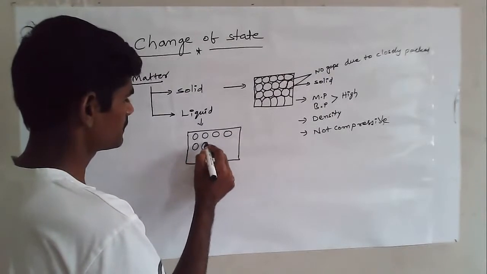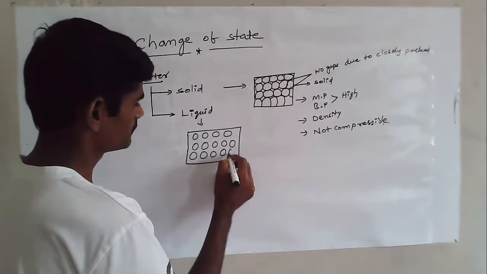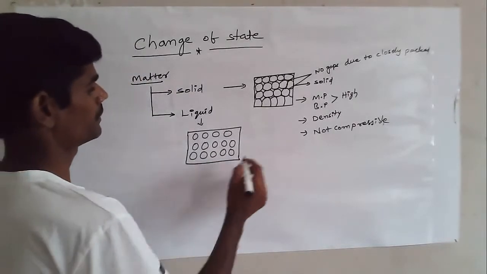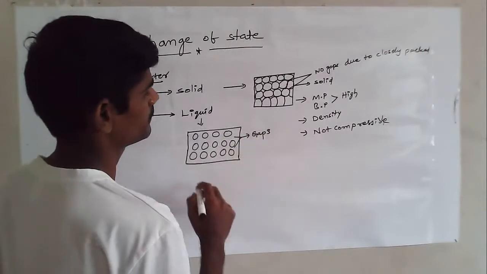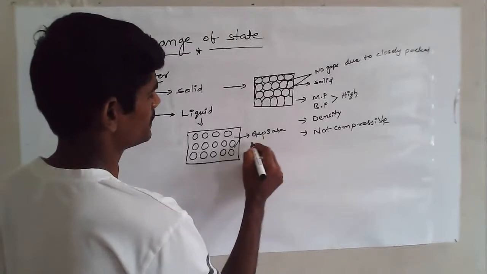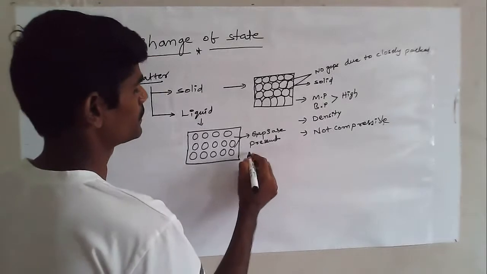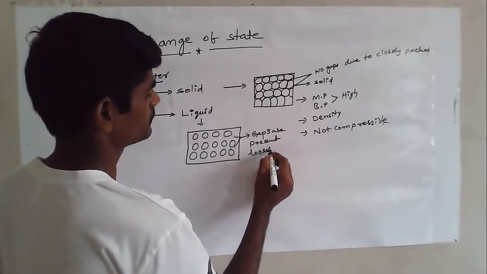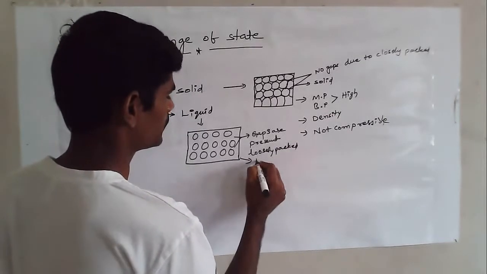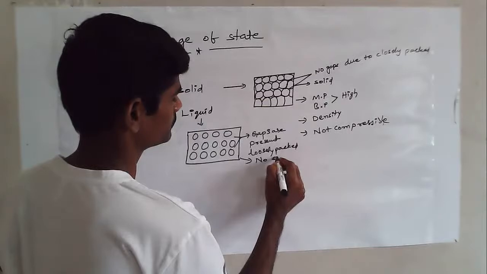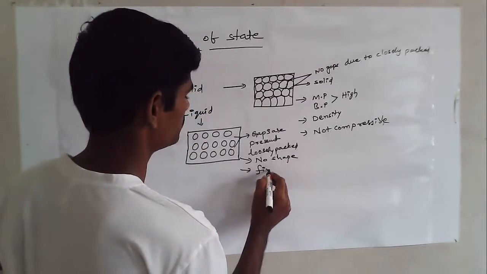Between the liquid particles, small gaps are present, because they are loosely packed. And there is no particular shape, but a fixed volume.